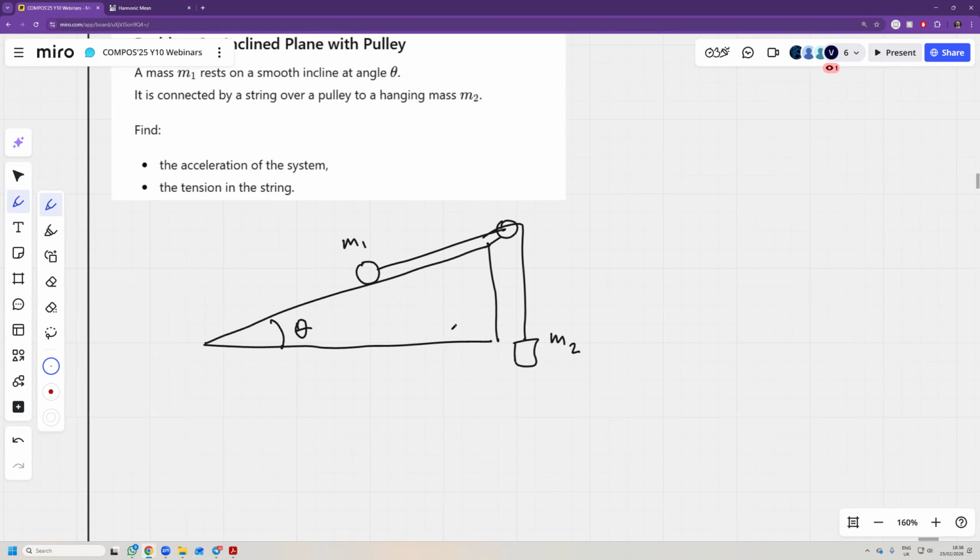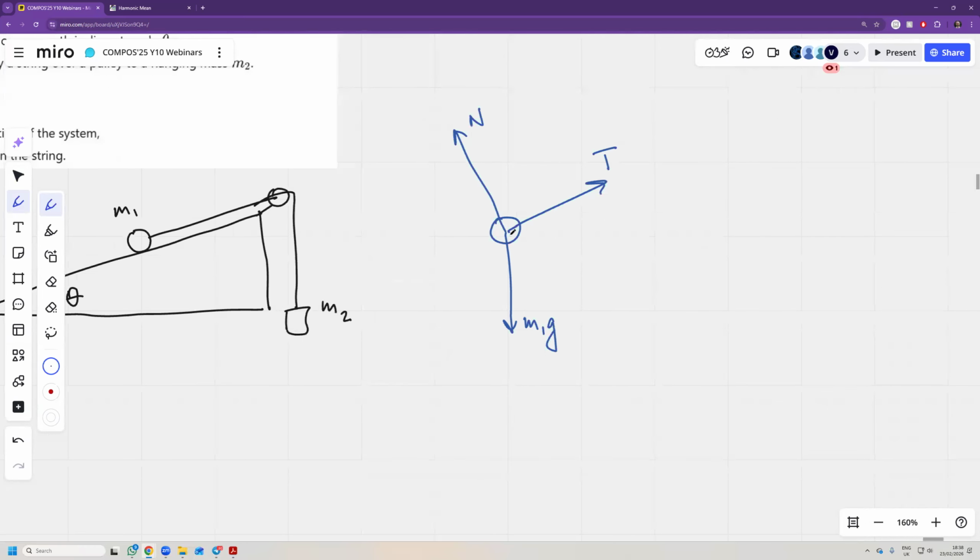So what's happening with m1? You draw m1 first, and it's being pulled up by tension in the rope, and pulled down by gravity, m1g, and there's a normal reaction force here. Now, we need to break down mg into components.